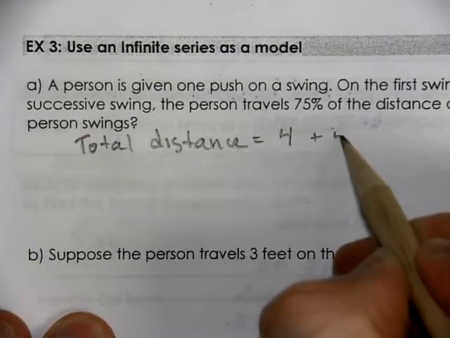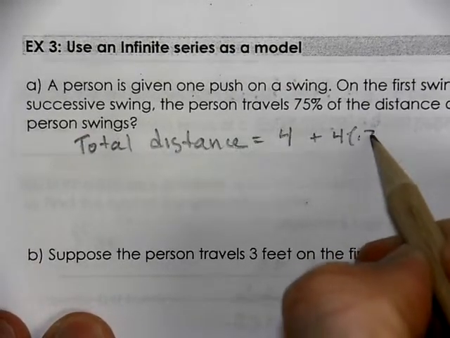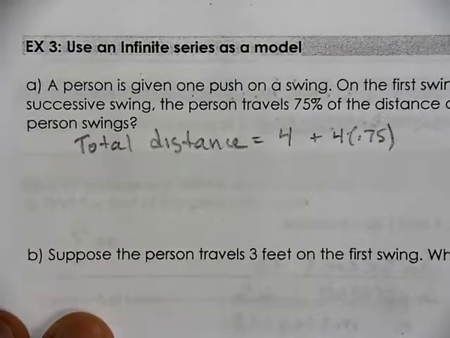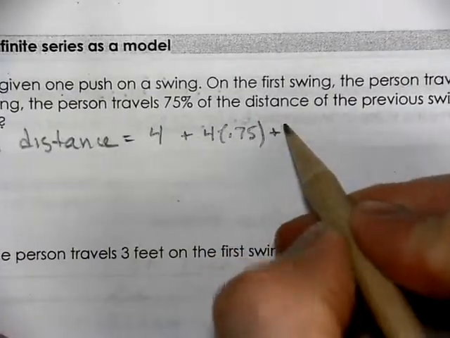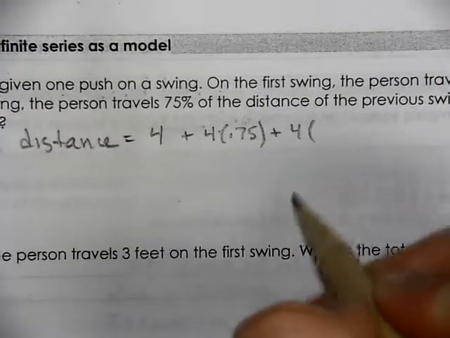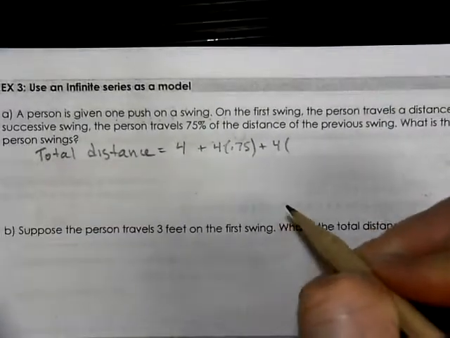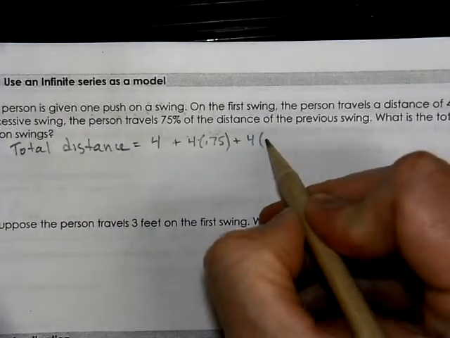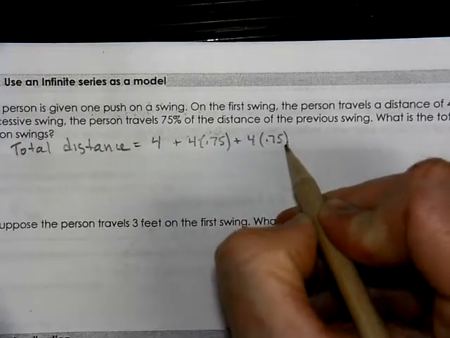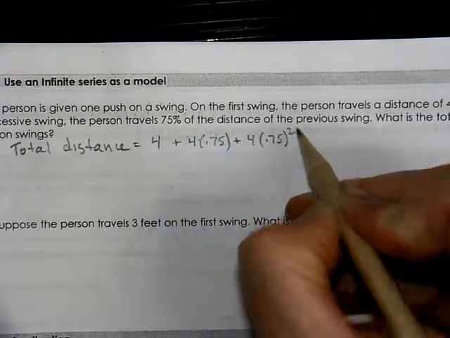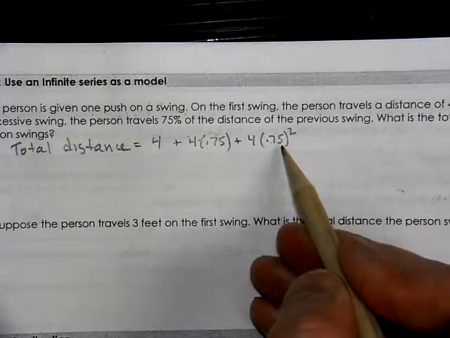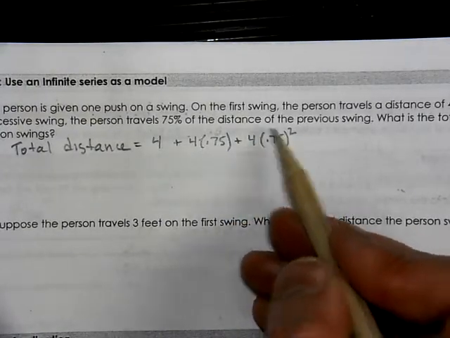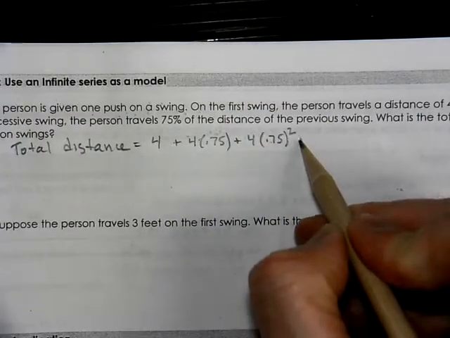Then we're going to take 75% of 4. Then we're going to take 75% of that number. So I could write that as being squared. Now we have the 4, we have the 75, and then we have 75 again. So we're taking 75% of the previous number.